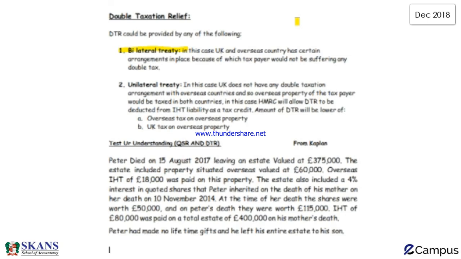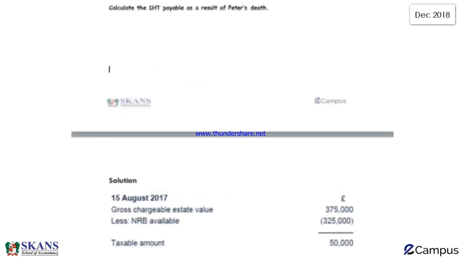Whereas if the exam says there is no double taxation treaty between the UK and that overseas country, candidates must find out what is the IHT on the overseas asset in the overseas country and what is the IHT in the UK on this overseas property. So you have to find the overseas tax on this overseas property and the UK tax on the overseas property. Whichever is lower would be considered as your DTR.